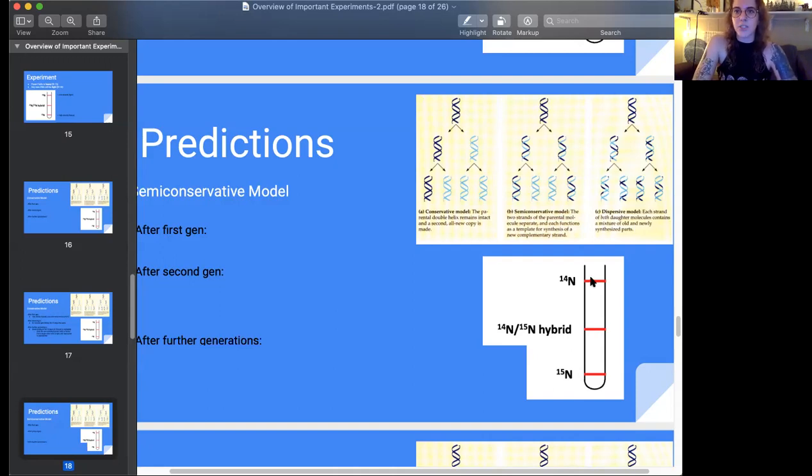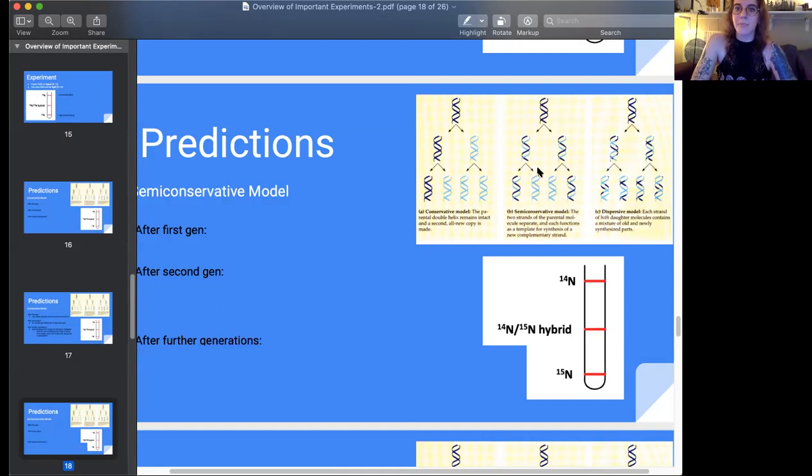And one thing I wanted to mention, just because if you just look at this level of generation, it looks like, oh, it's going to be 50-50. We have to remember that replication is exponential. Of these 4 particles, there's only 2 of these original dark blue strands and 6 of these lighter blue strands that are each going to be donating to the next generation, and so on and so on.